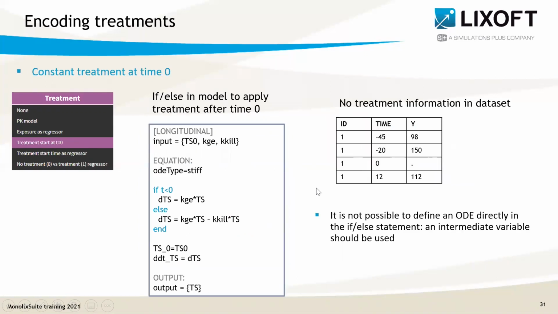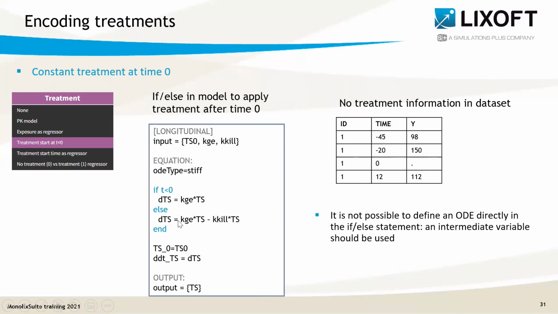The next possibility for the treatment is to take into account a constant treatment that starts at time 0. In that case, no treatment information is needed in the data set, but this assumption is directly encoded in the model with an if-else statement that applies the treatment only after time equals 0, for example, here for a very simple treatment.